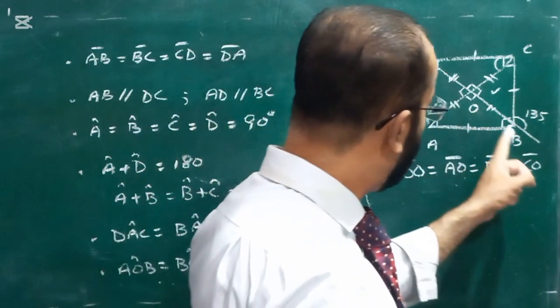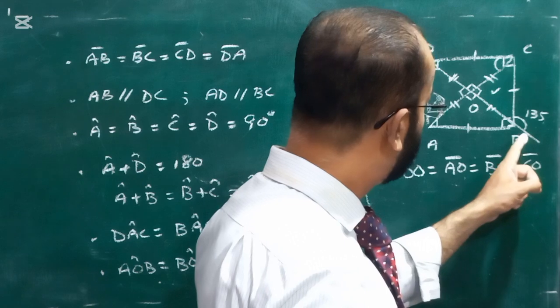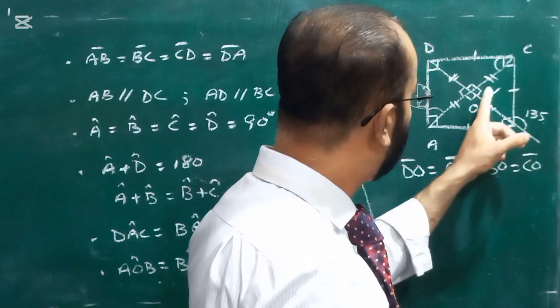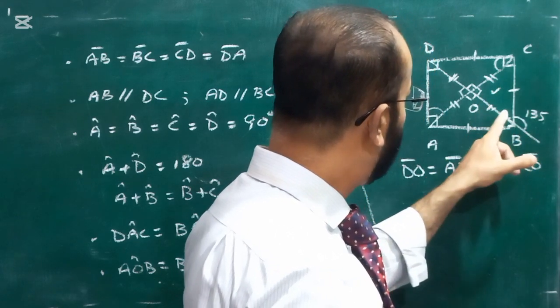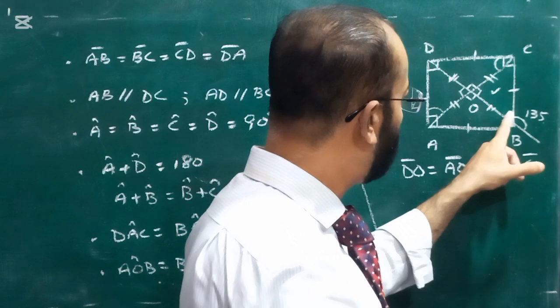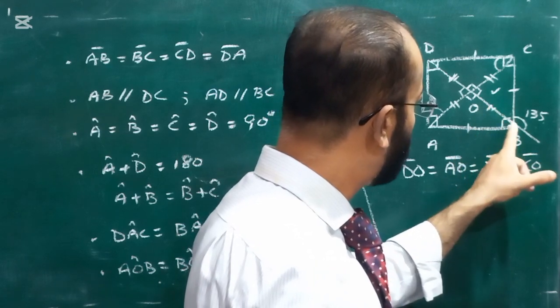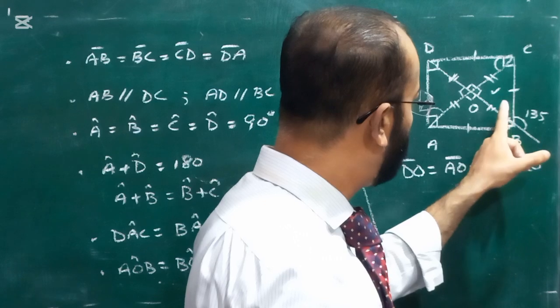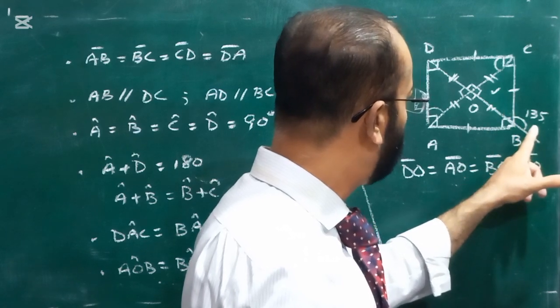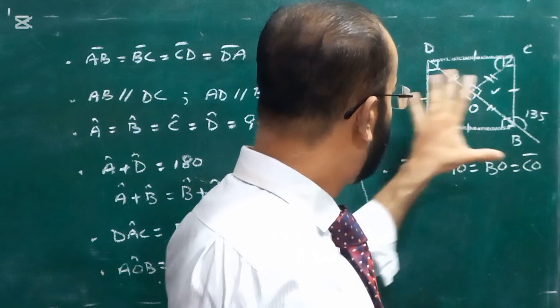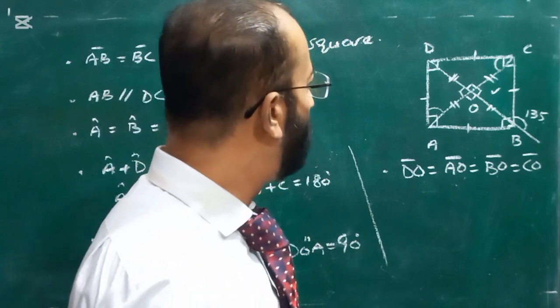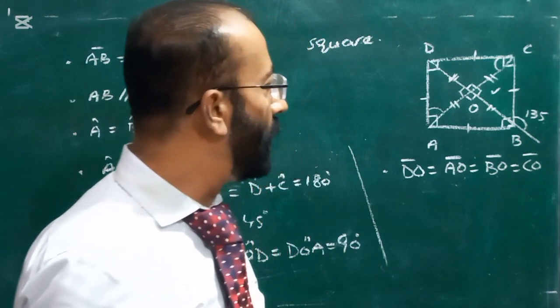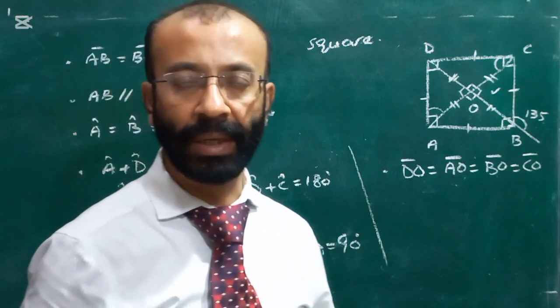If we extend any one line, this angle will be equal to the sum of the opposite interior angles. Because this was 45, another property can be applied: the sum of the angles on a straight line is 180 degrees. If this is 45, this will be 135. So students, these are the properties which are applied in a square.